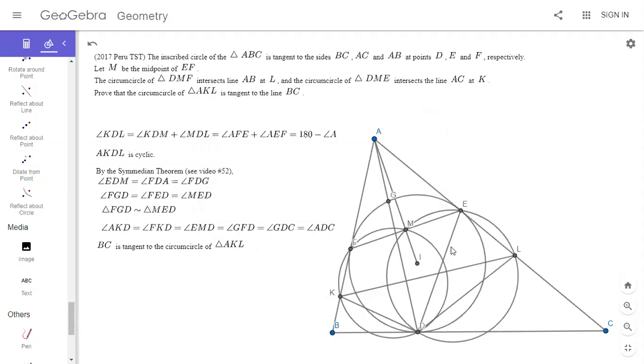So those two triangles are similar. And so then we can conclude with an angle chase. We have angle AKD is FKD is EMD. EMD is GFD, since those triangles are similar. GFD is GDC, which is ADC. I think that might be the shortest way to do it. What do you guys think?